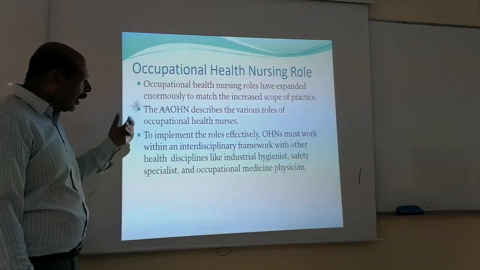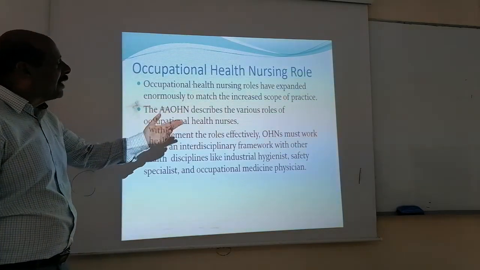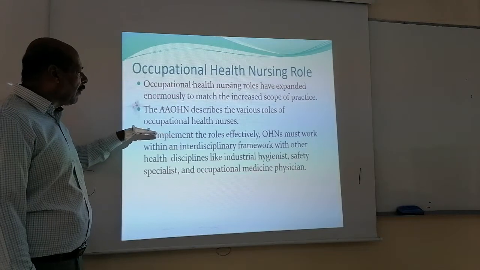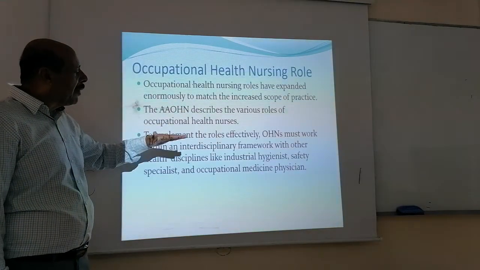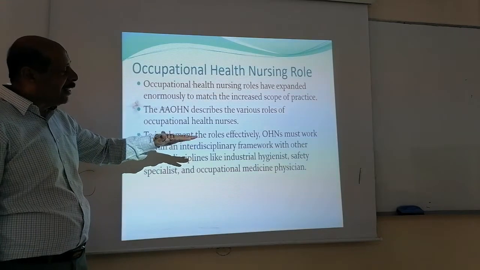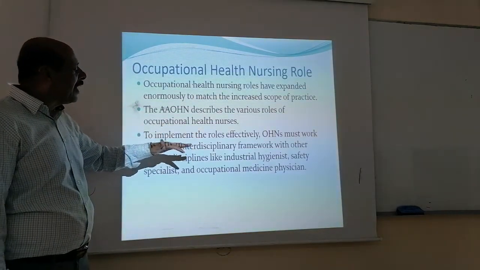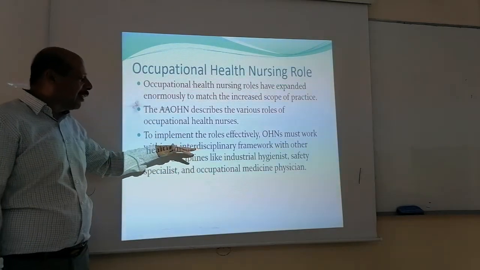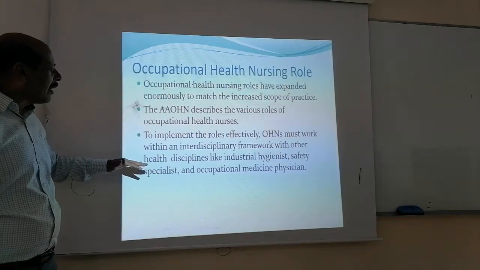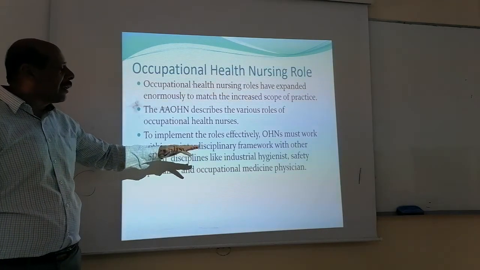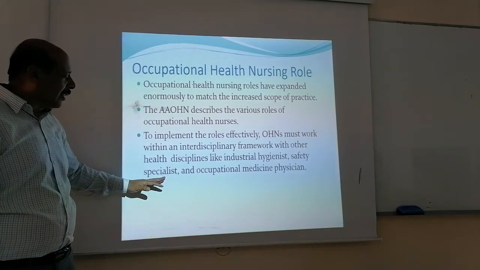The American Association of Occupational Health Nursing describes the various roles of the occupational health nurses to implement the role of efficiency. Occupational health nursing must work within an interdisciplinary framework with other health disciplines like industrial hygiene, safety specialty.